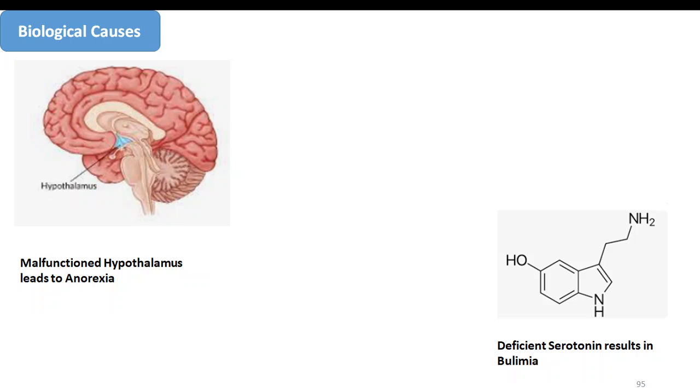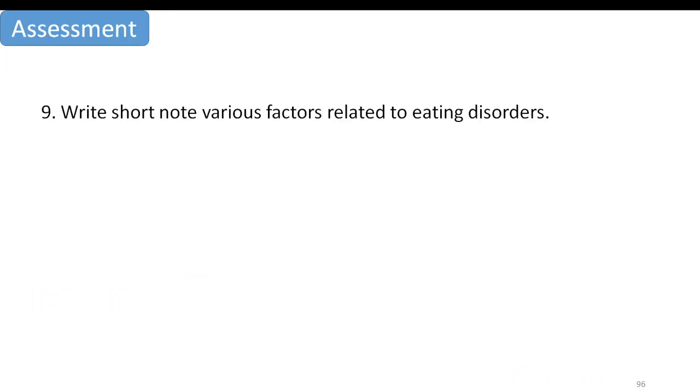And in addition, of course, there could be some biological causes apart from socio-cultural ones. Somebody, congenitally, by birth or by inheritance, genetically, may be experiencing a malfunctioning hypothalamus, which leads to anorexia. A deficient secretion of a hormone called serotonin, which regulates moods and hunger, might result in bulimia. So those are a few factors that result in eating disorders.